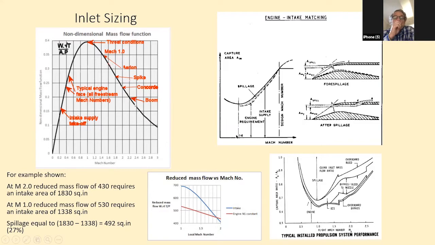The engine can't take it, so it has to be spilled at the outside of the intake. Normally it would be spilled as force spillage. The shock here would move, and that flow would simply go around the outside.